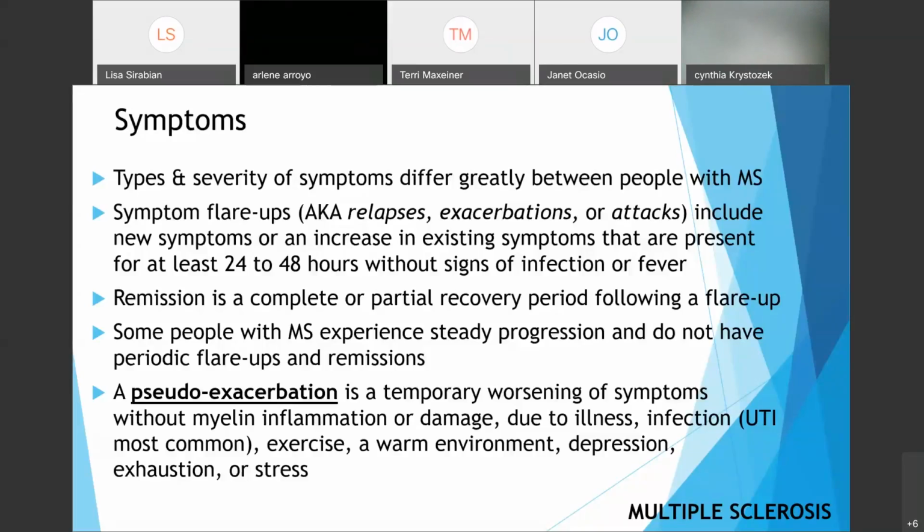So what we're saying there is that a person who has MS can begin to experience what looks like a flare-up, but really it's related to something else, like we've just listed here, like an illness or an infection or so on. So that's why it's important to distinguish at the top symptoms that are present for at least 24 to 48 hours without signs of infection or fever. We're trying to differentiate a true symptom flare-up, which we're going to treat one way, versus a pseudo-exacerbation, which we need to treat the underlying cause.